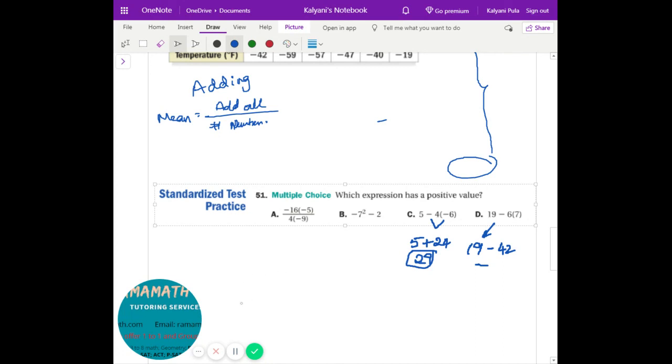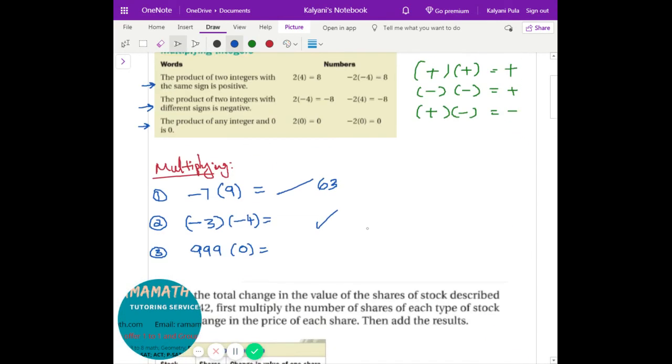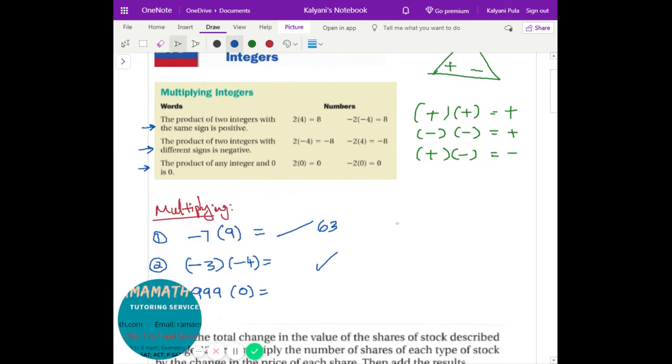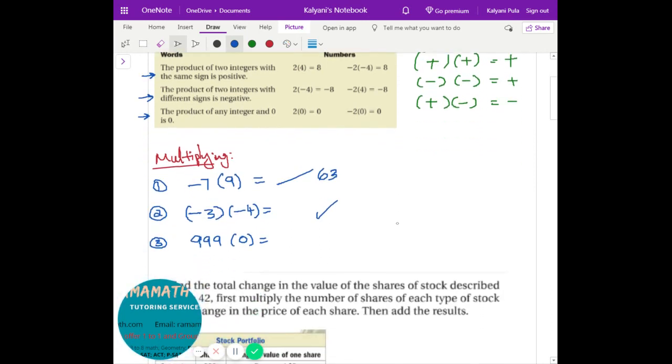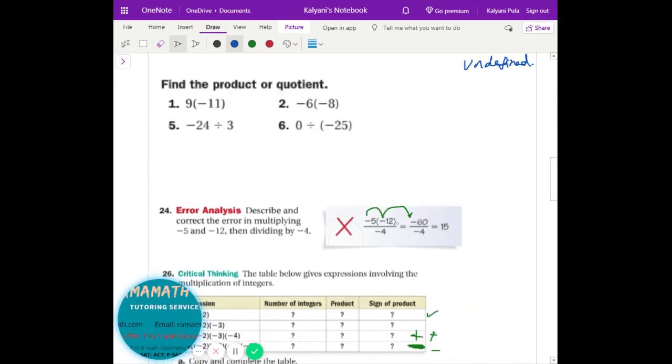Awesome. Okay. All right. That's pretty good. So we understand today, let me clear this one quickly. We did multiplying and dividing integers. We learned the rules of multiplying integers, dividing integers, and also looked at some word problems where we can use them.